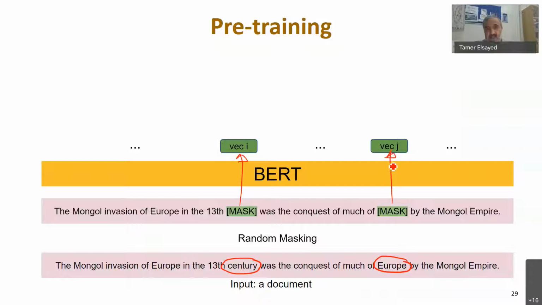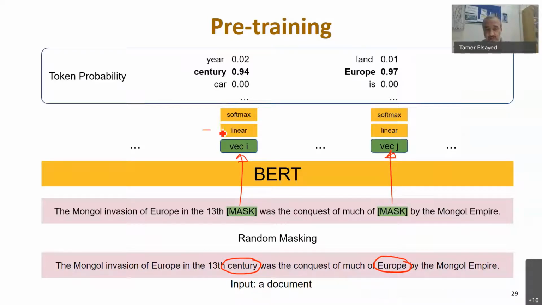Then we apply this linear layer on top of the embeddings to convert them to numbers that can be positive or negative, and then softmax to convert them into a probability distribution. This is an example of the probability distribution here.